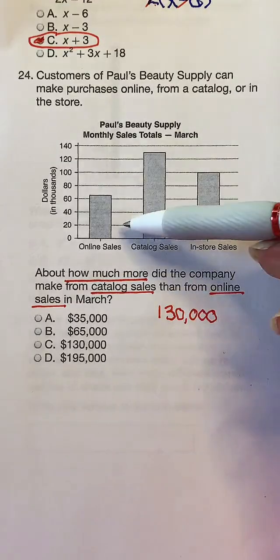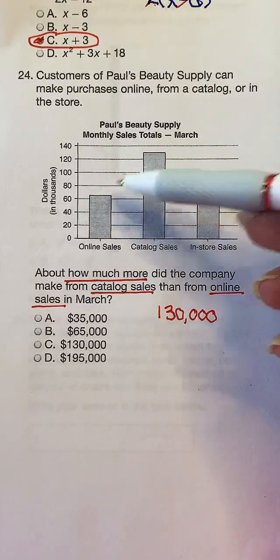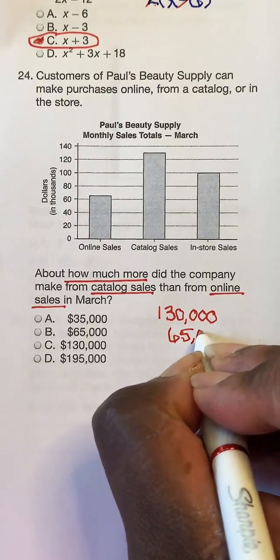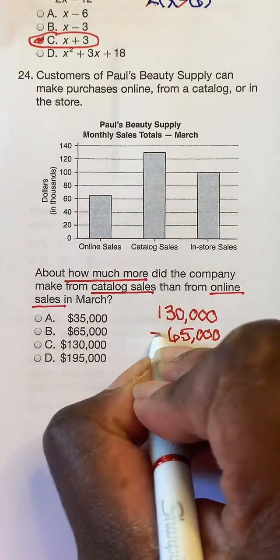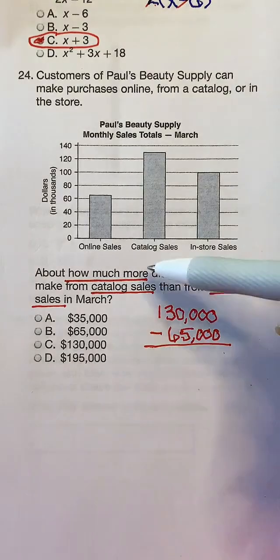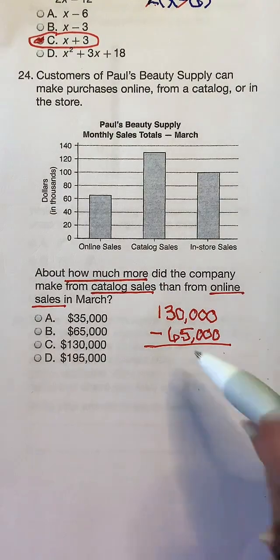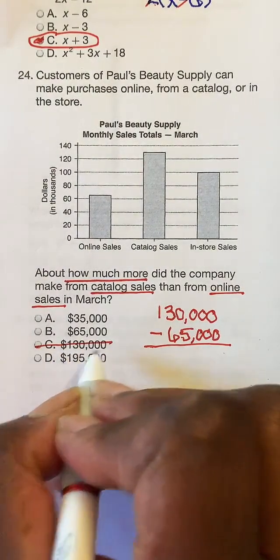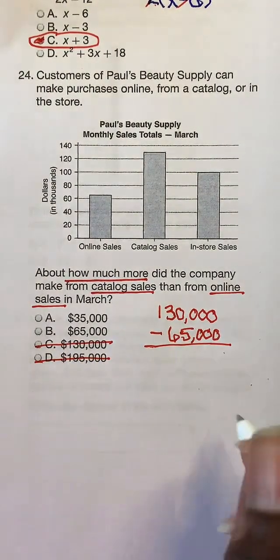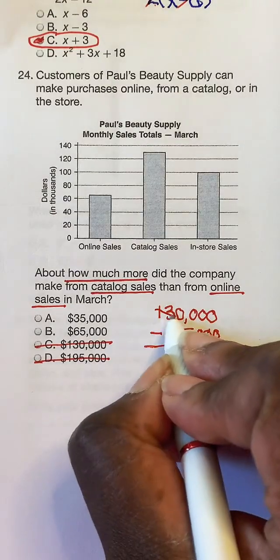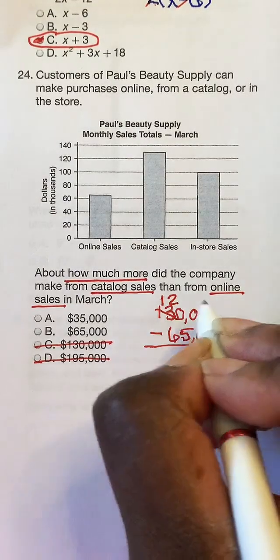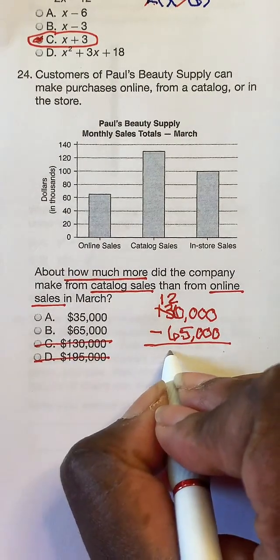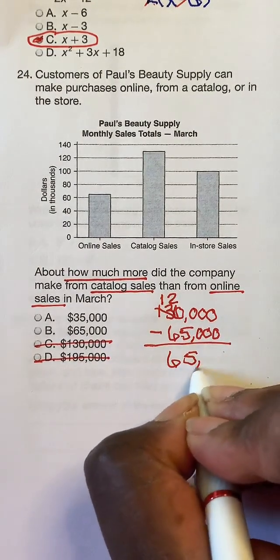Then the online sales might be about 65. So if I'm taking the difference because I want to know how much more, we can just roughly take the difference of it. We know it's not going to be C. We know it's not going to be D. It's not that much of a difference. Borrow from the 13 to make that into a 12. Make that 0 into a 10. So then we have 65.